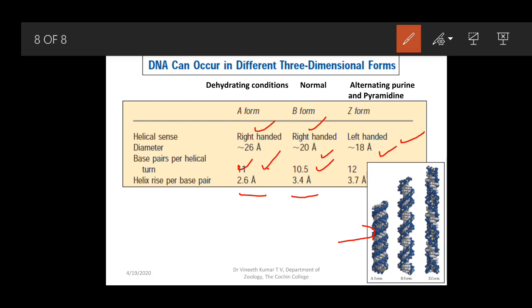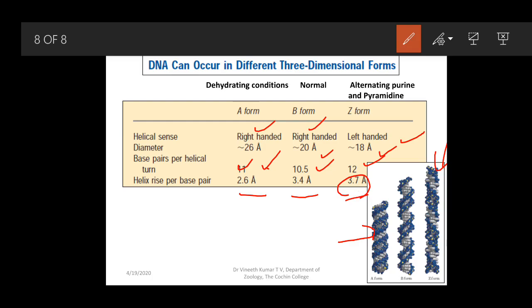As you can see, in Z form DNA the helix is more stretched than the B form DNA. As it is more stretched, the number of base pairs per turn increases to 12, and the distance between two nitrogen bases, one above and one below, also increases to 3.7 angstrom from the normal 3.4.